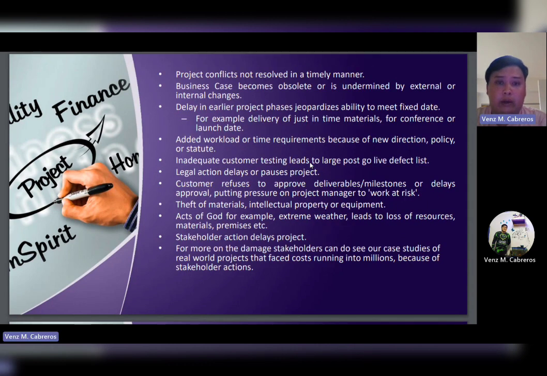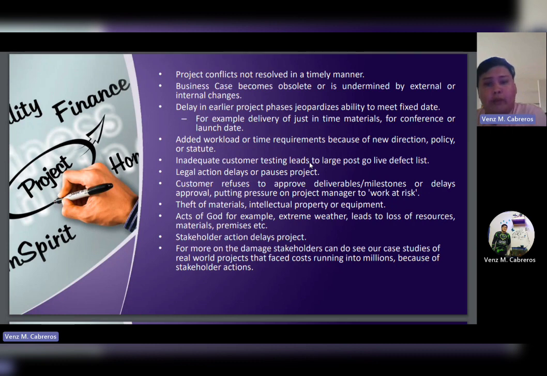Project conflict not resolved in a timely manner. Business case becomes obsolete and is undermined by external or internal changes. Delay in earlier project phases jeopardize ability to meet fixed date. For example, delivery of just-in-time materials for conference or launch date.